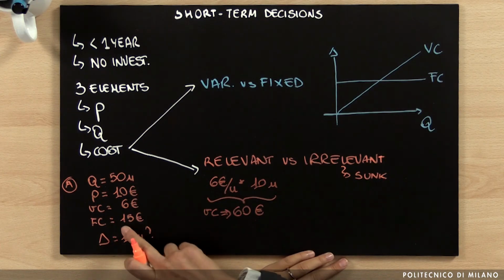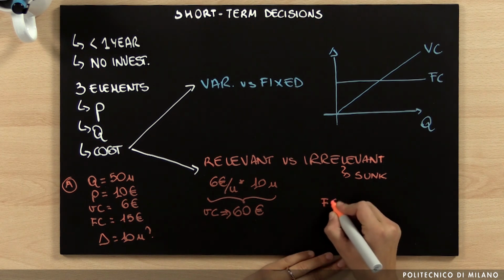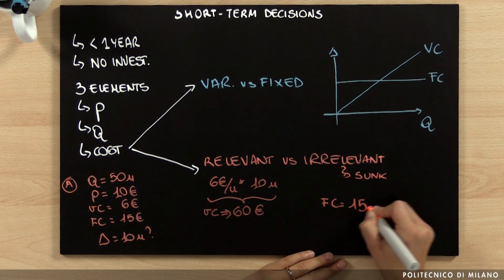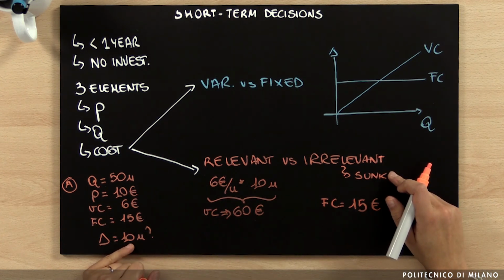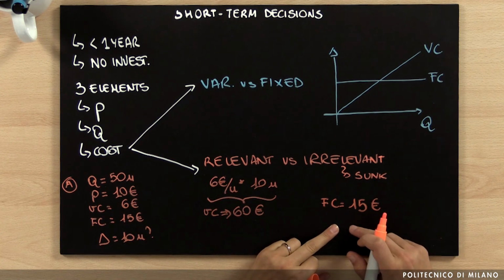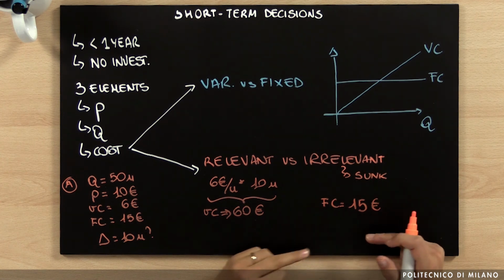The opposite is the irrelevant classification. This means that whether we implement the decision or not, we will have the cost. In this specific case, with reference to this example, the fixed cost, our 15 euros of marketing campaign, will be irrelevant because even though we are not producing our 10 units, we will have these 15 euros of fixed cost.